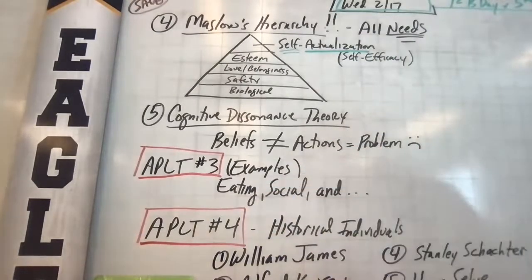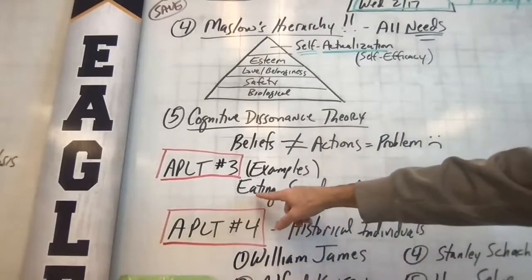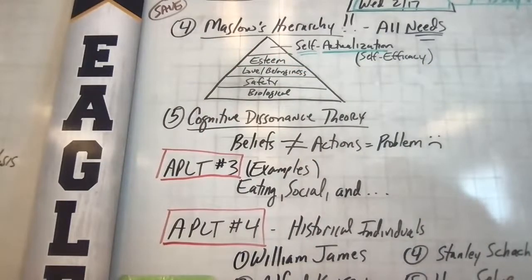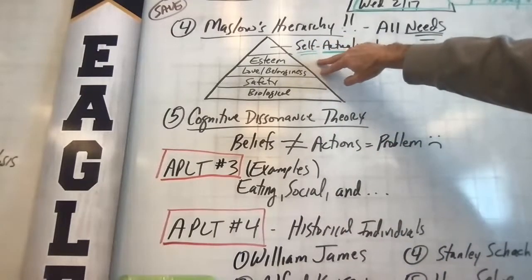AP learning target number 3: describe classic research findings in specific motivations. Basically here they just want examples. The book talks about eating, which is the more we study eating, the more we know it's a biological need. It's controlled by the hypothalamus. Then social motivation: we're social animals, so we are driven towards social behaviors, getting back to Maslow's esteem and love and belongingness.